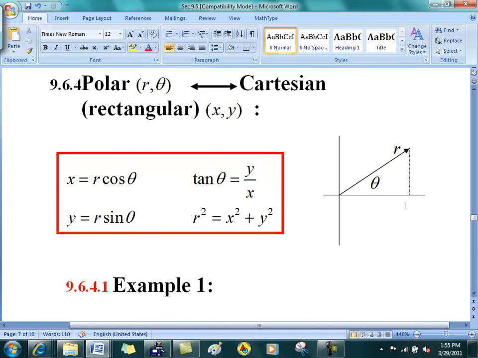Okay. So we need to learn how to go from polar coordinates to Cartesian and back and forth. And the reason why we do that is because Cartesian coordinates, we've been doing that since about 8th grade, in algebra 0, 1, 2, and now it's pre-calculus. So we are really familiar with what x and y graphs look like.